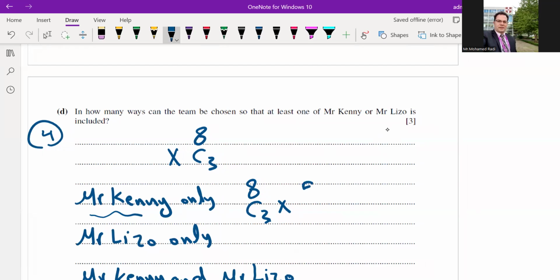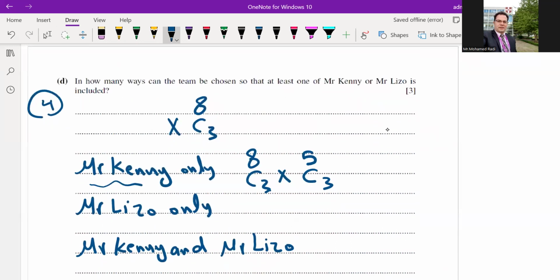There are 5 left. We'll select 3 more, 5C3. So the group now is 4 adults: Kenny and 3 more. If Mr. Lizo only, by the same way, we'll remove Kenny outside and keep Lizo in the group. So will be 8C3 times 5C3.